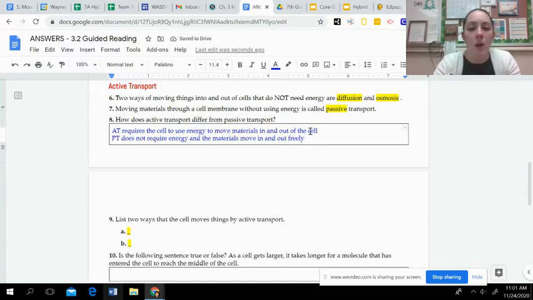So they can kind of go with diffusion. Again, it's that high to low concentration, and osmosis deals with water moving in and out of that cell membrane.